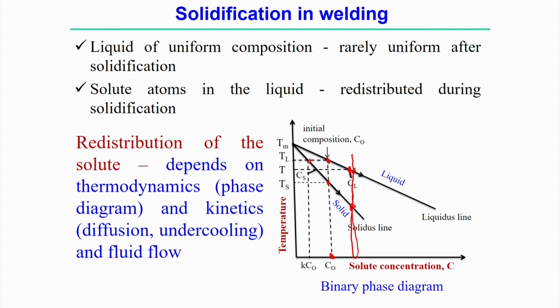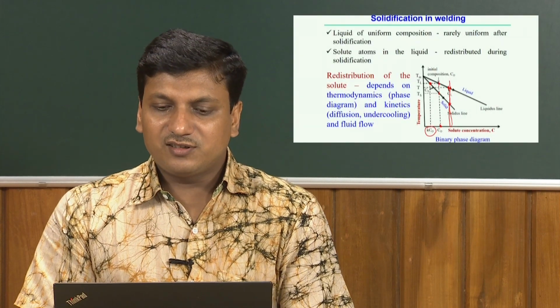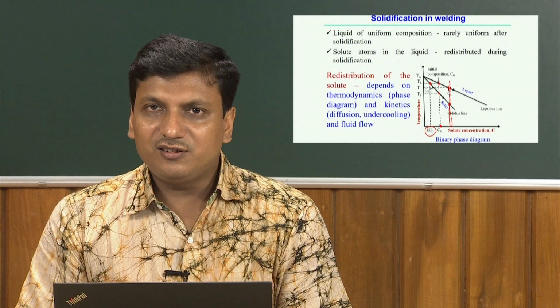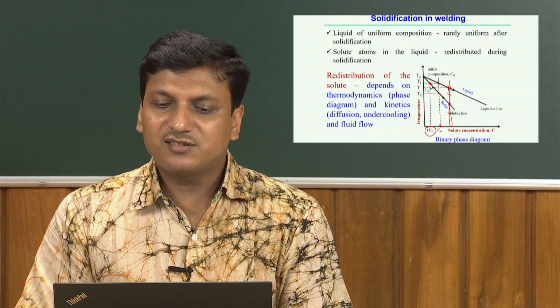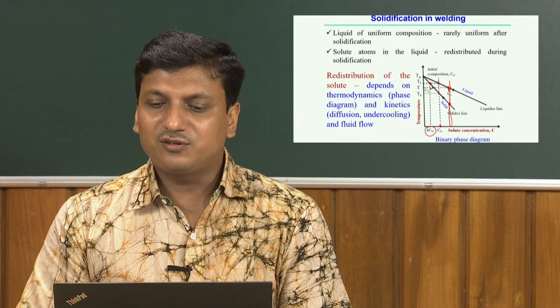The point where that line crosses the solidus line has a composition of k times C0. Definitely here k should be less than 1, which means the solid composition in this case is less than C0.